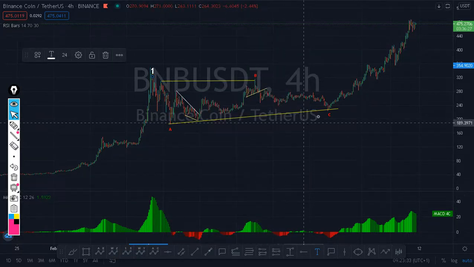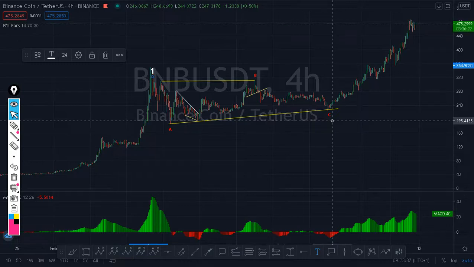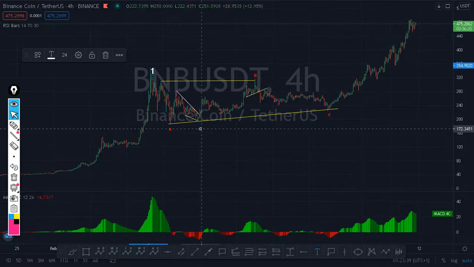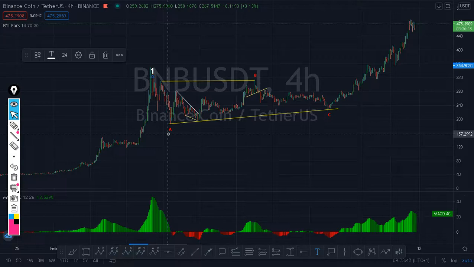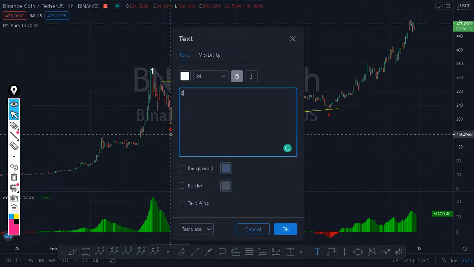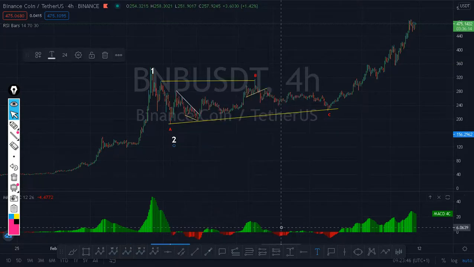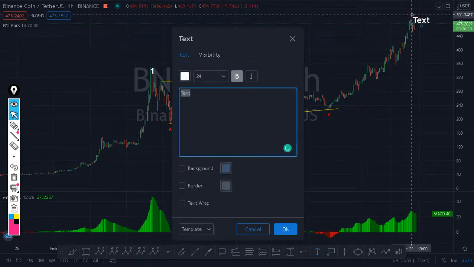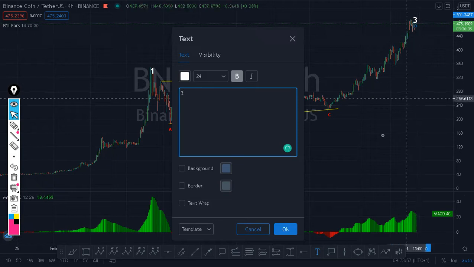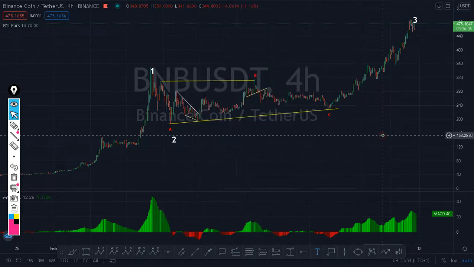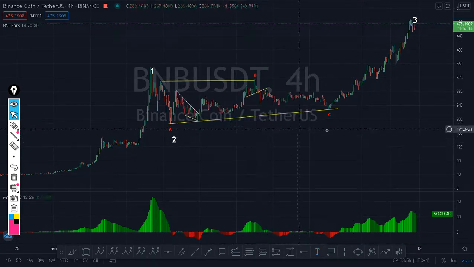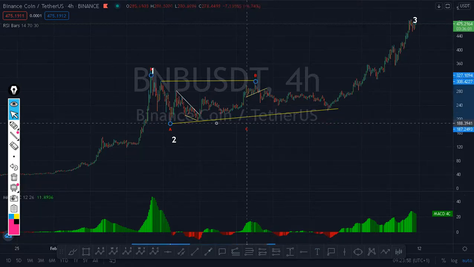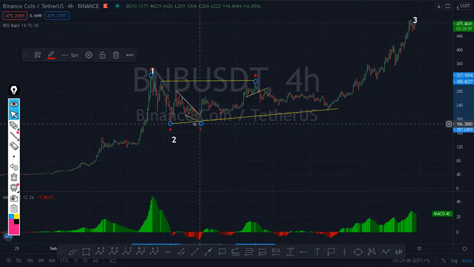This is wave 2, or ABC. Let me say this is wave 2. Then wave 3 might still be developing. Beware, wave 3 might still be developing. So don't think wave 3 has completed. It might still be developing.